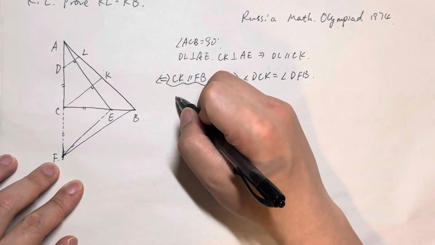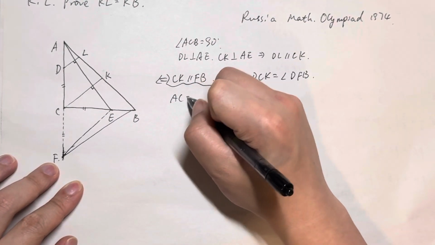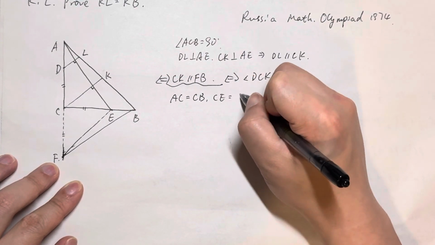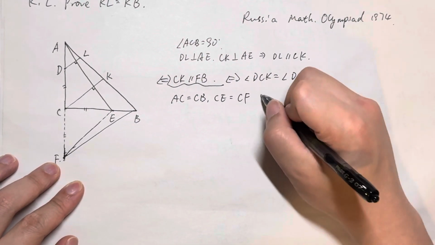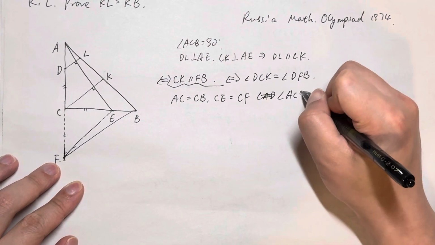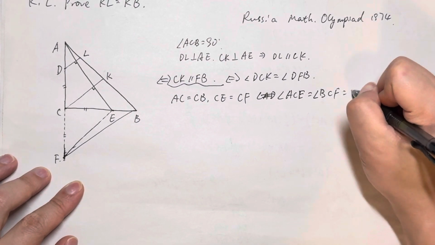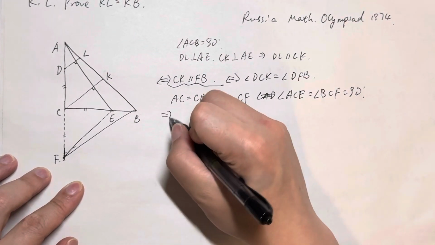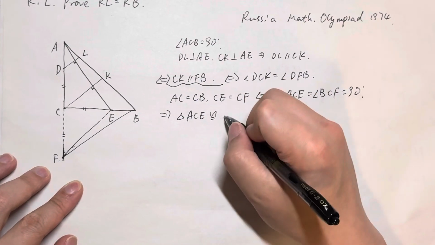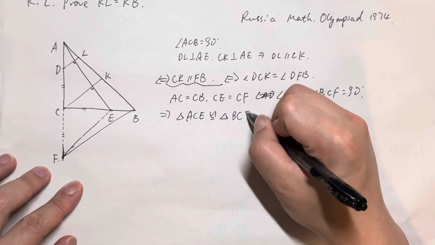Because AC equals CB, CE equals CF, and angle ACE equals angle BCF equals 90 degrees, we know that triangle ACE is congruent to triangle BCF, right?